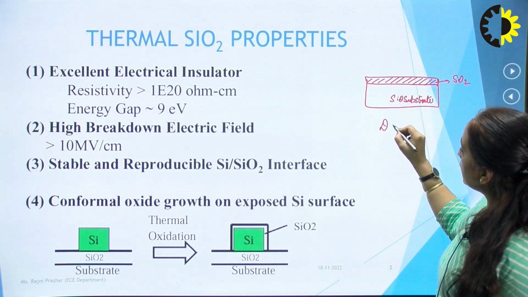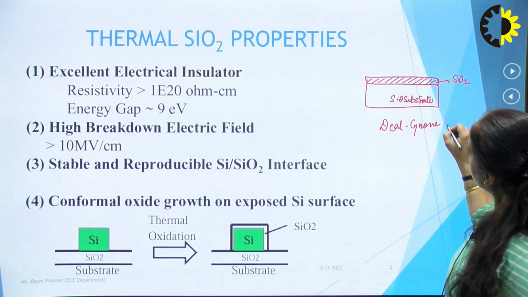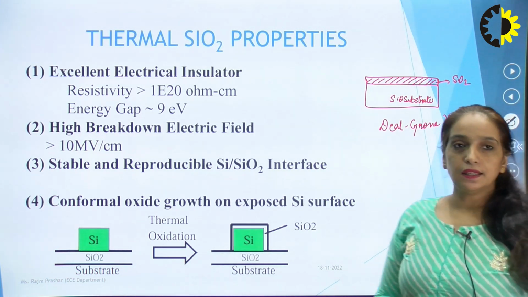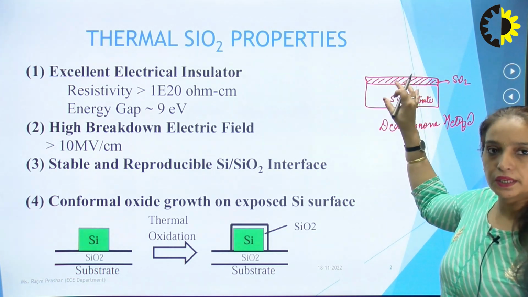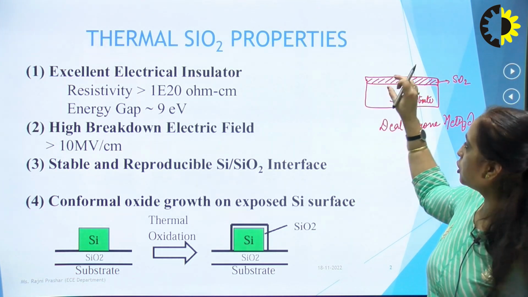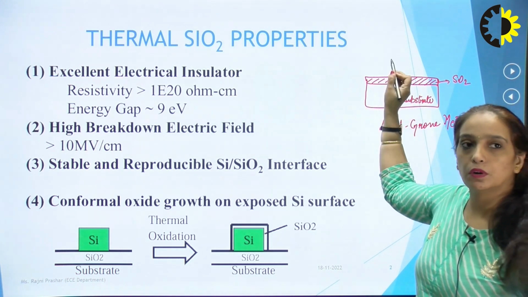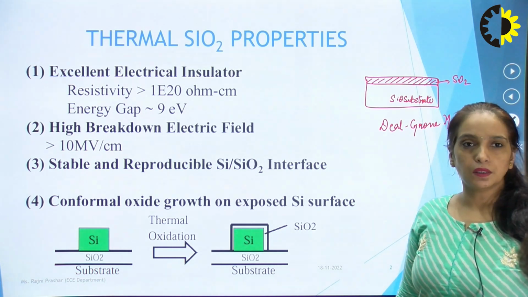As per the Deal-Grove method, we have seen how silicon is taken from the silicon substrate itself, and some portion of the oxide layer is grown inside the silicon and some portion on top of that substrate with the help of oxygen or water molecules.